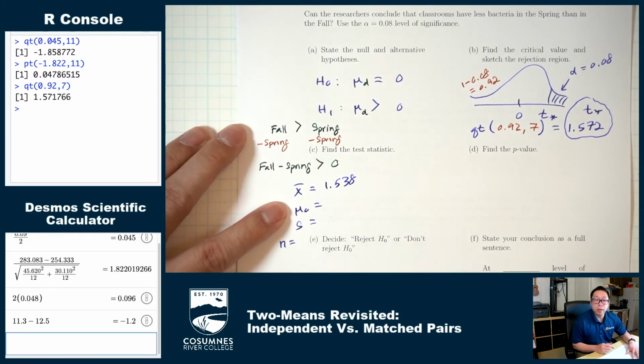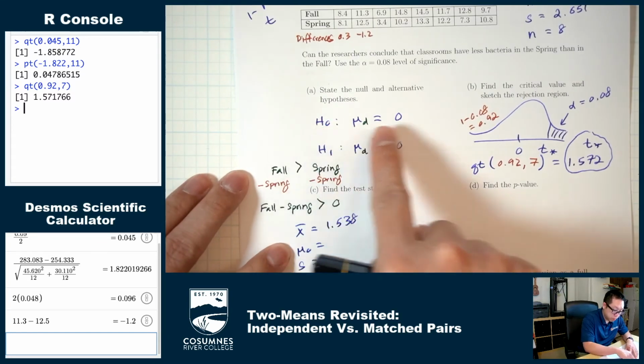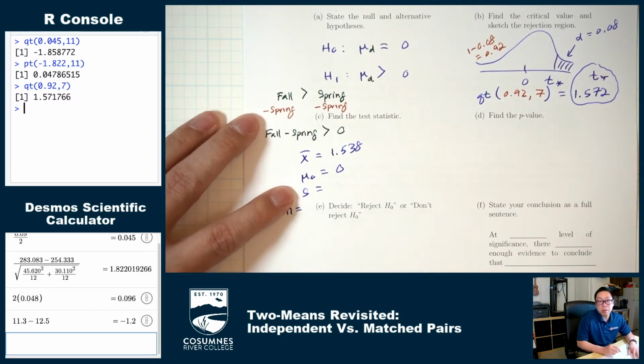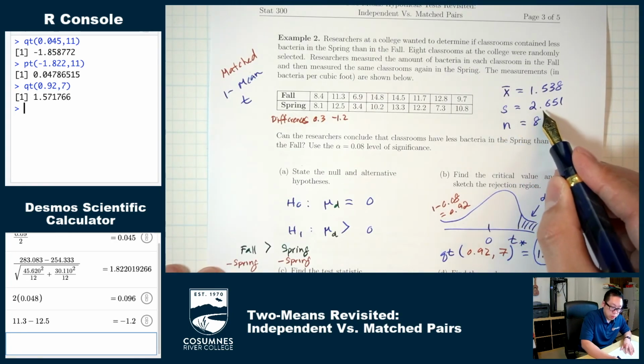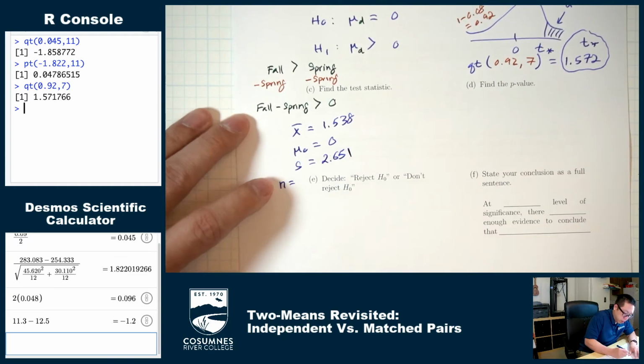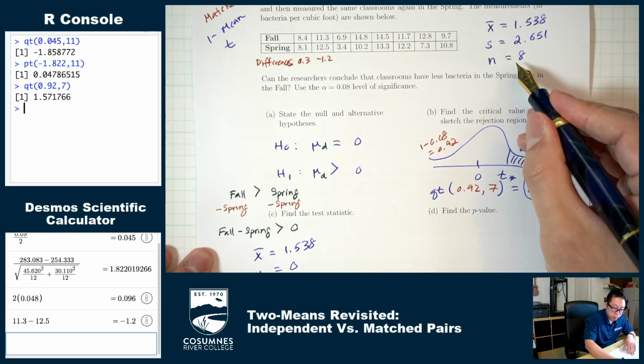Mu 0 is the mean that you use in H0, so that was 0. s, standard deviation, 2.651. n, sample size, 8.